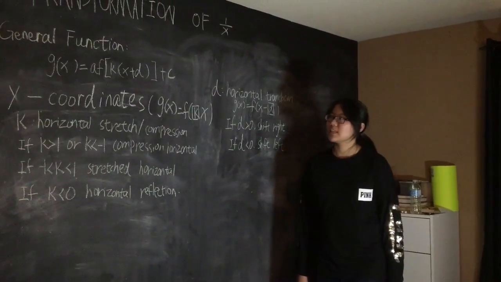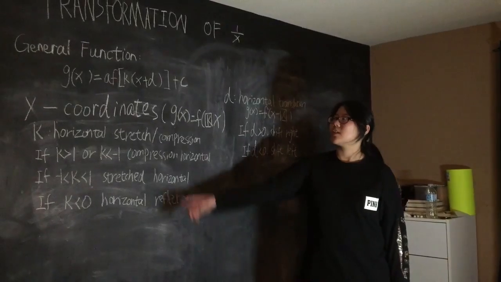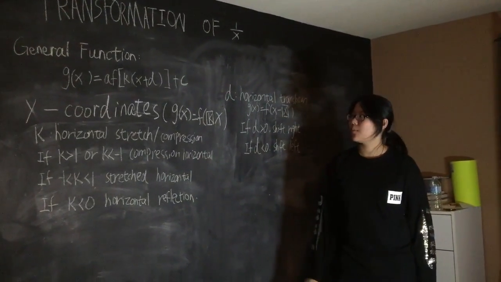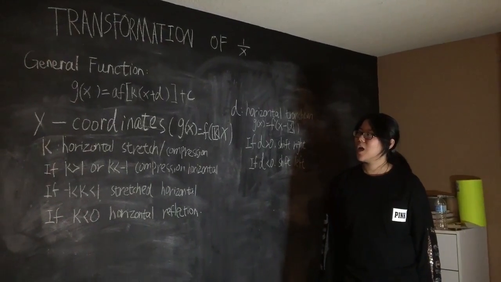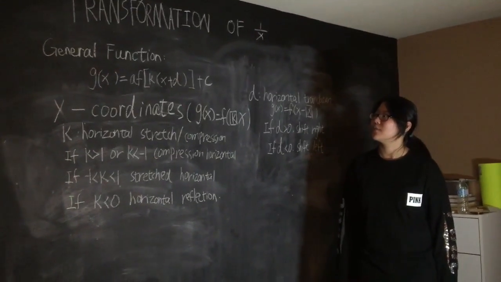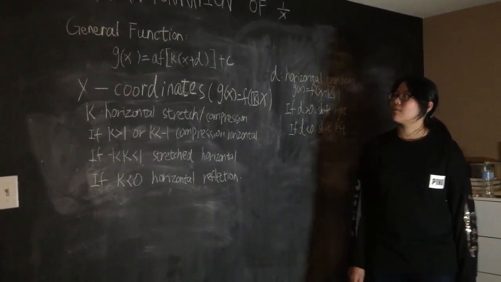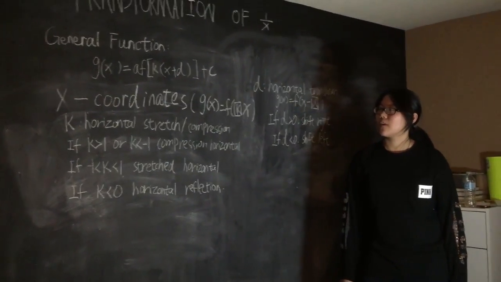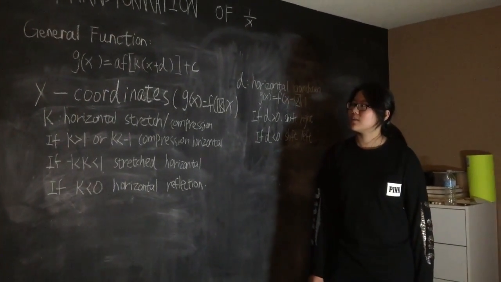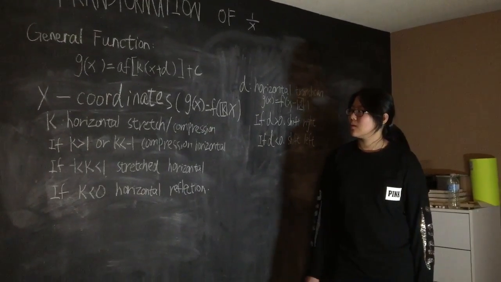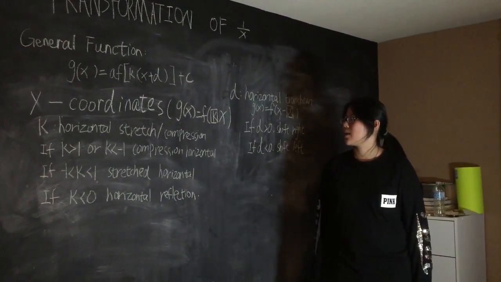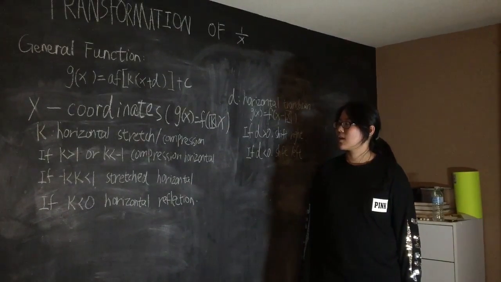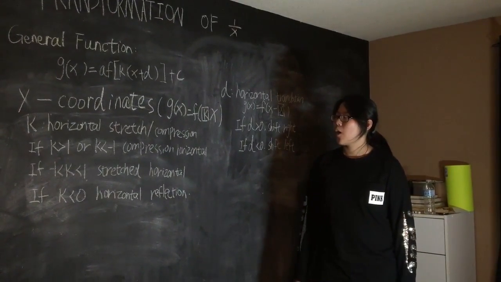Okay, the next one is K. It means a horizontal stretch or compression. It is a horizontal stretch or compression of the graph of f(x) by a factor of 1/K. If K is bigger than 1 or K is smaller than negative 1, it means compressed horizontally by a factor of 1/K.